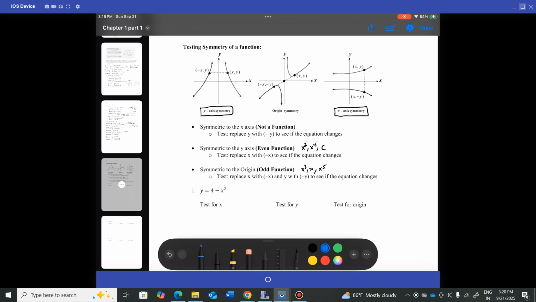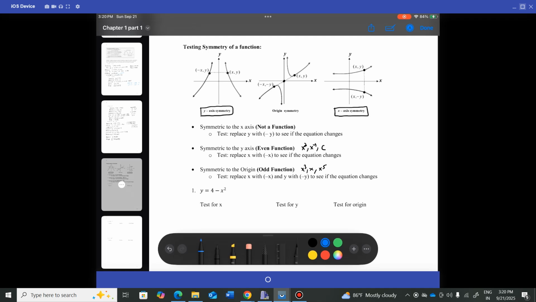With symmetry to the y-axis, you replace x with negative x, because if you have x and you get y out, then when you plug in negative x, you should still get y out, so you should still end up with the same function. And then for odd functions, we replace x with negative x and y with negative y, because if you plug in negative x in place of x, then you should get a negative y out.